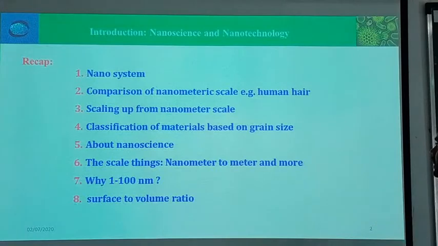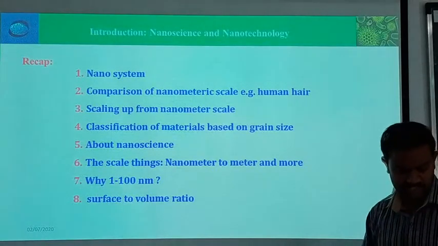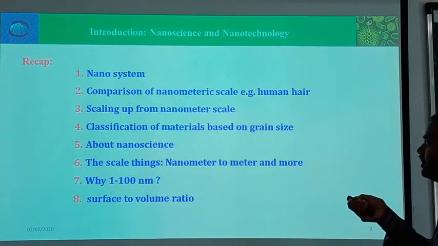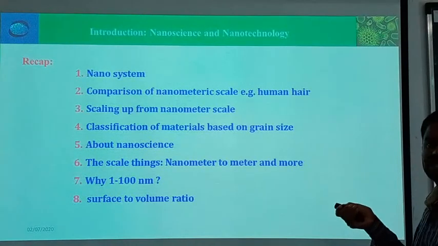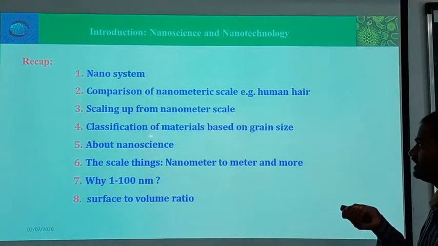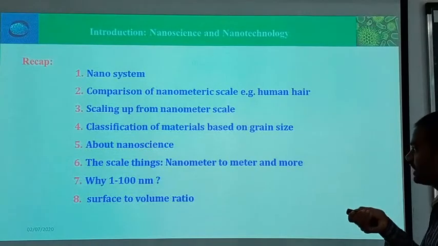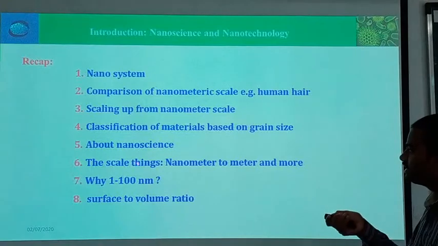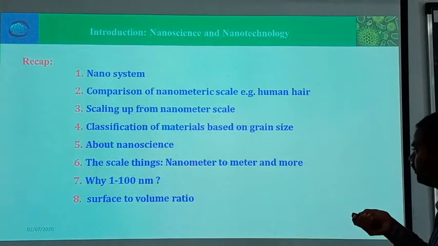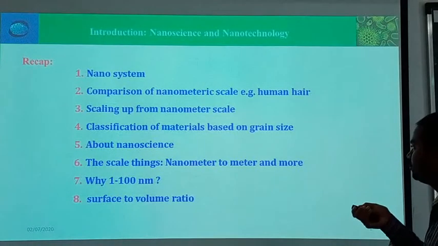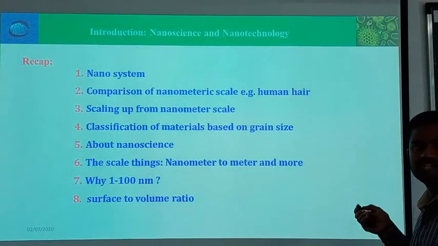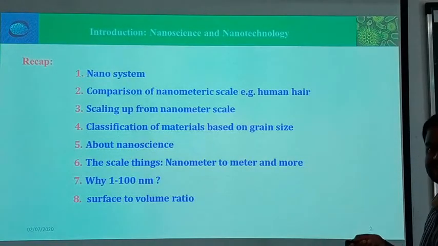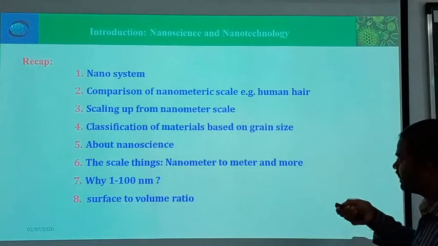Classification of material based on grain size: how the grain size affects the surface area and other parameters, we have discussed. Why it is necessary to study nanoscience, what is the importance of nanoscience, we have already discussed. The scale of things, from the nanometer scale to meter and more. Intentionally fabricated things and non-intentionally fabricated things we have discussed.